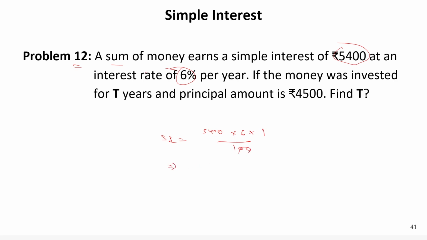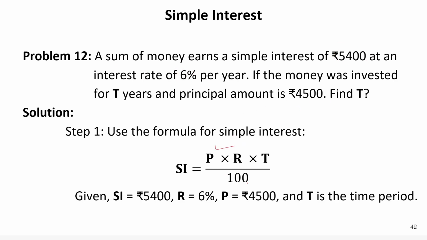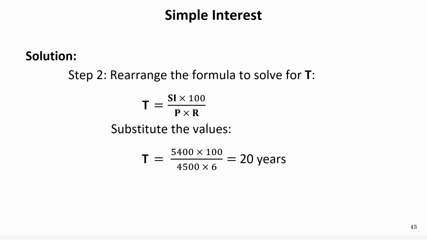Then what we do is we want to calculate the time the money was invested, T years, right? So T is SI into 100 by PR, which is 5,400 into 100 whole by 4500 into 6, equal to 20 years. Okay, so this is the correct answer.